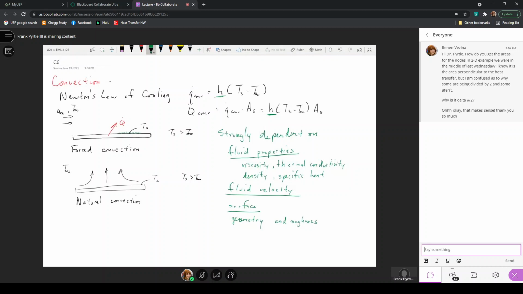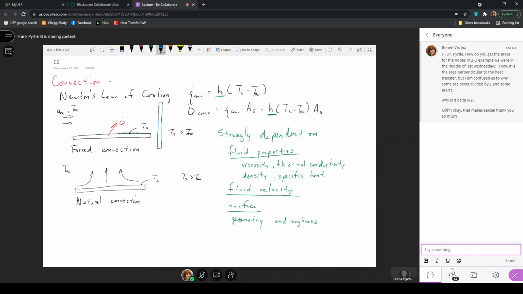For this problem, where I've drawn that the fluid flow is parallel to the surface, if I keep everything exactly the same, U infinity, T infinity, the surface temperature is the same. But if I take this same surface and I turn it so that it is perpendicular to the flow, that would be considered a geometry change, and the average heat transfer coefficient over this surface to facilitate a heat flux or a heat transfer rate by convection is going to be different.